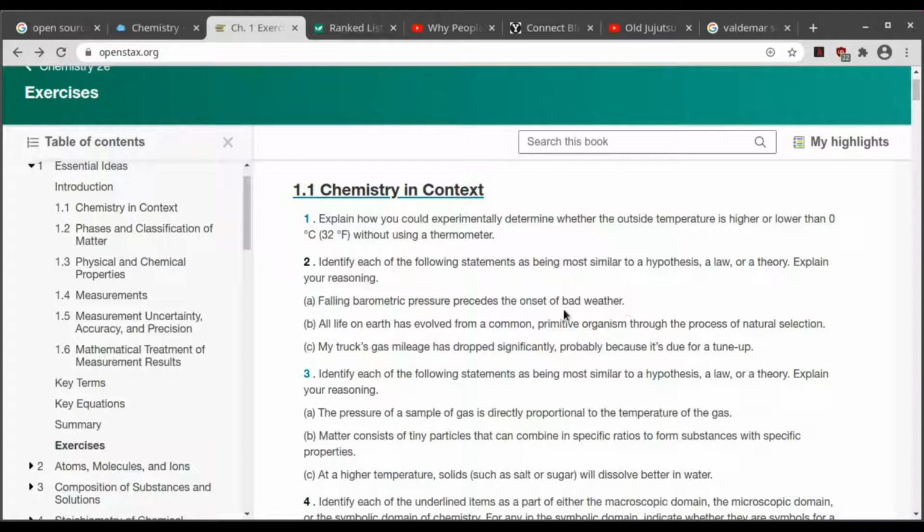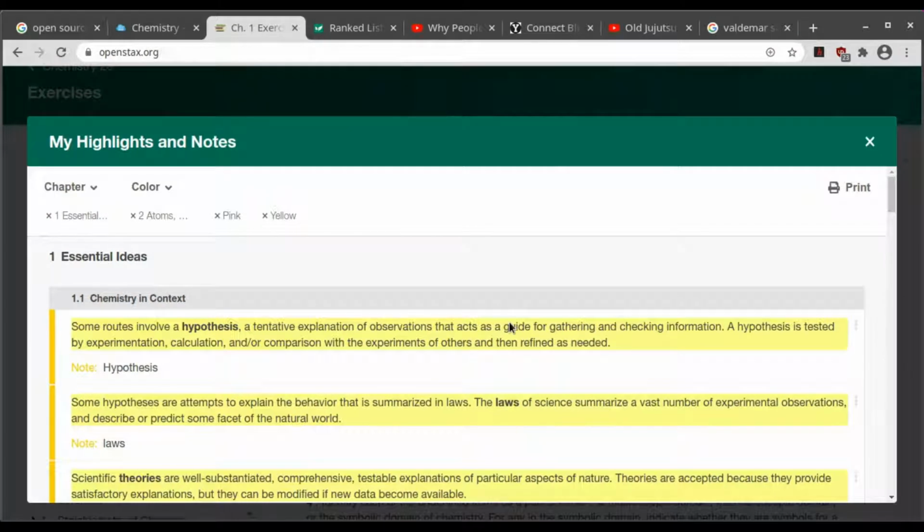So let's look at our highlights, our notes. A hypothesis is a tentative explanation of observations that acts as a guide for gathering and checking information. Well, barometric pressure has been around for so long that people actually use it to try to predict the weather. So I don't think it's going to be a hypothesis.